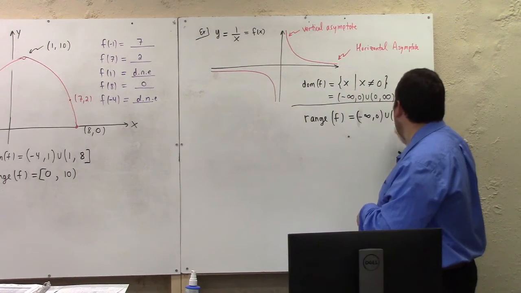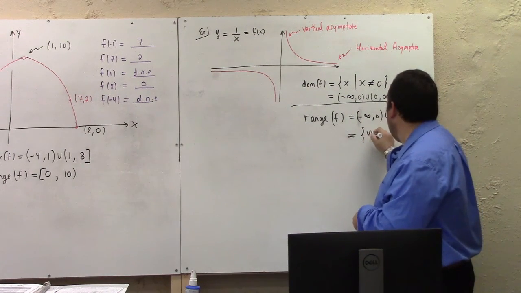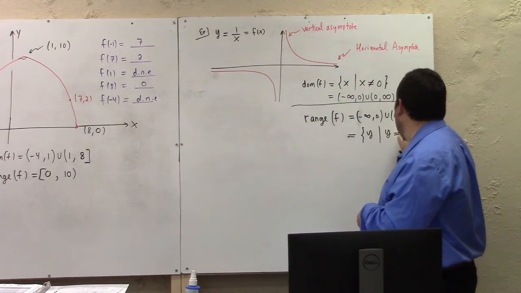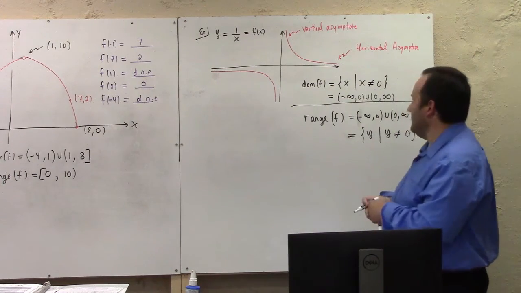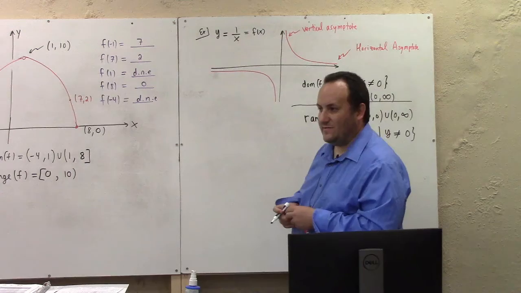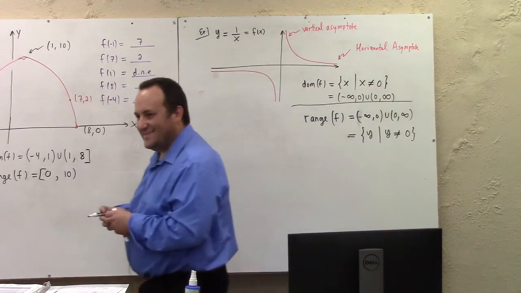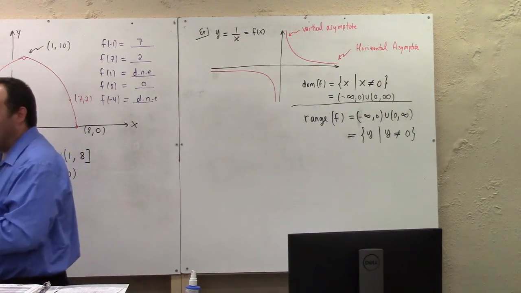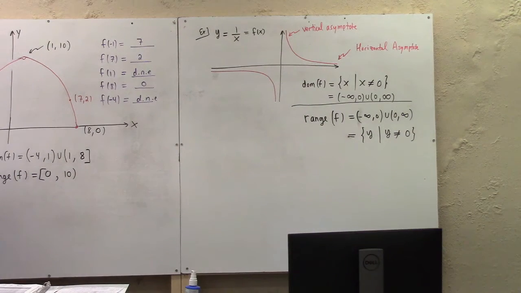So basically, you're telling me y such that y is what? Not equal to 0. So actually, this is a kind of funny function, isn't it? The domain and the range are the same set. They're both just all real numbers which are not 0.